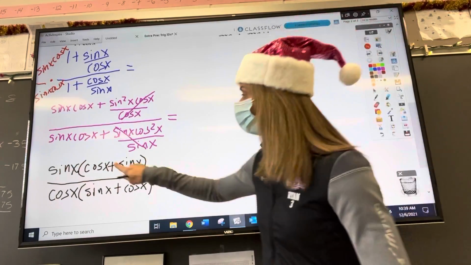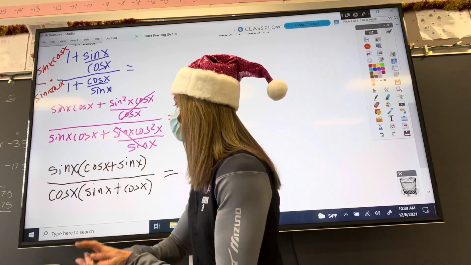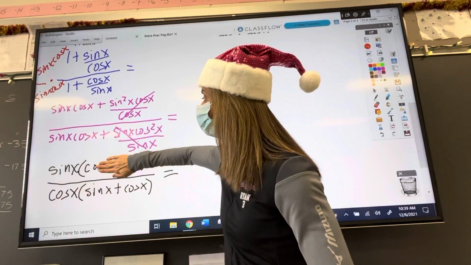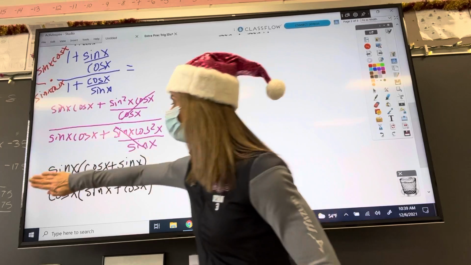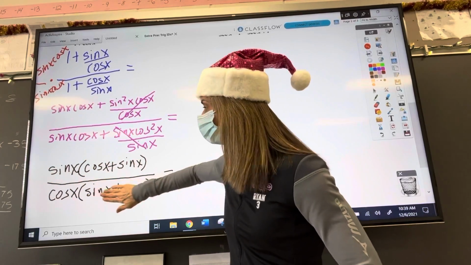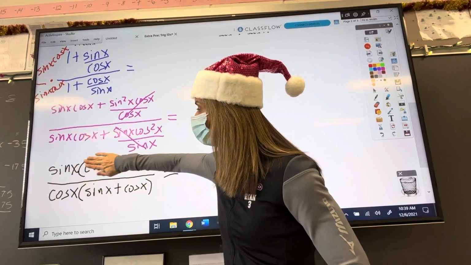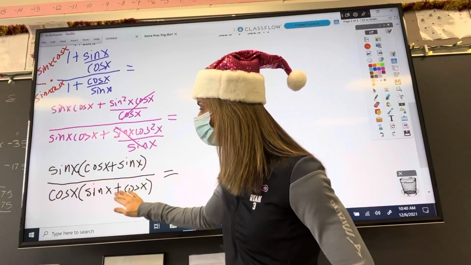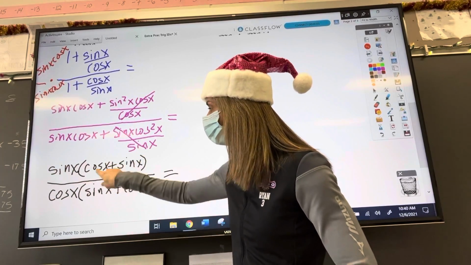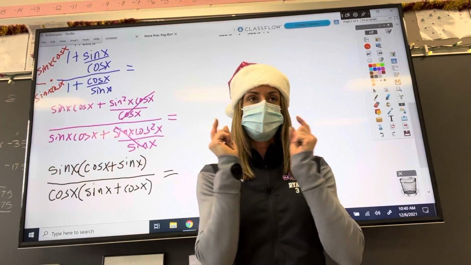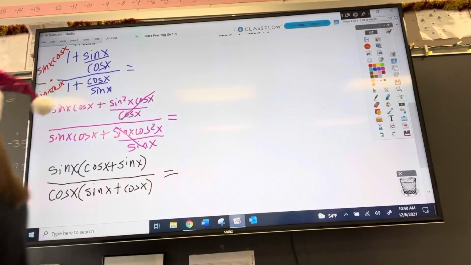Okay, so this is a number times another number inside this parentheses. This is a number times another number inside this parentheses. So we can cancel what's inside the parentheses, the entire parentheses. We can't cancel part of a number, like if two numbers are separated by a plus sign. I see this all the time, okay? Don't do this.